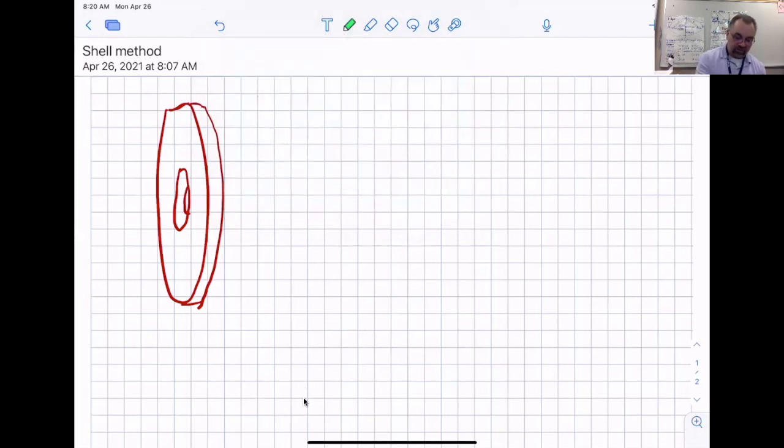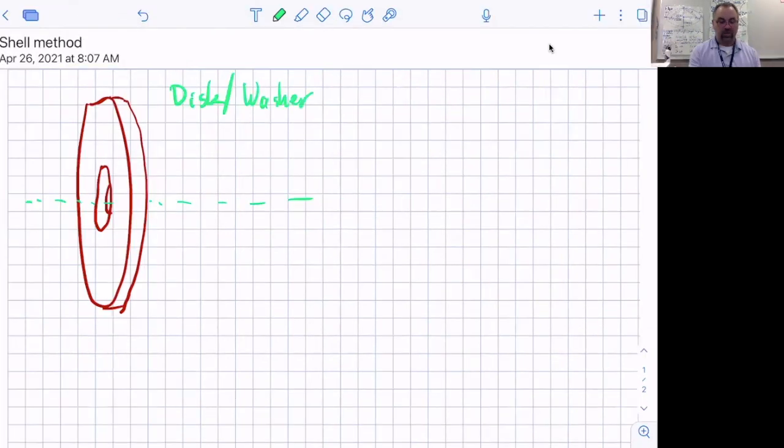If we imagine there's a center line going through, the disk or washer method just basically says, look, when we revolve around an axis, if this is my axis of revolution here, I want to find the volume of this red disk. Well, I can see that there's a hole in the middle, so I find the big radius and find the volume of the entire disk. And we know the volume of a disk is pi r squared h.